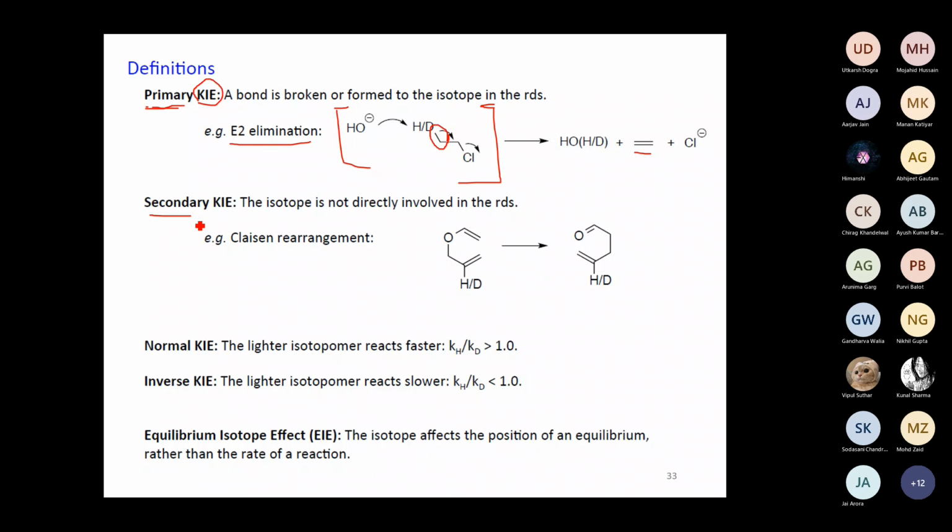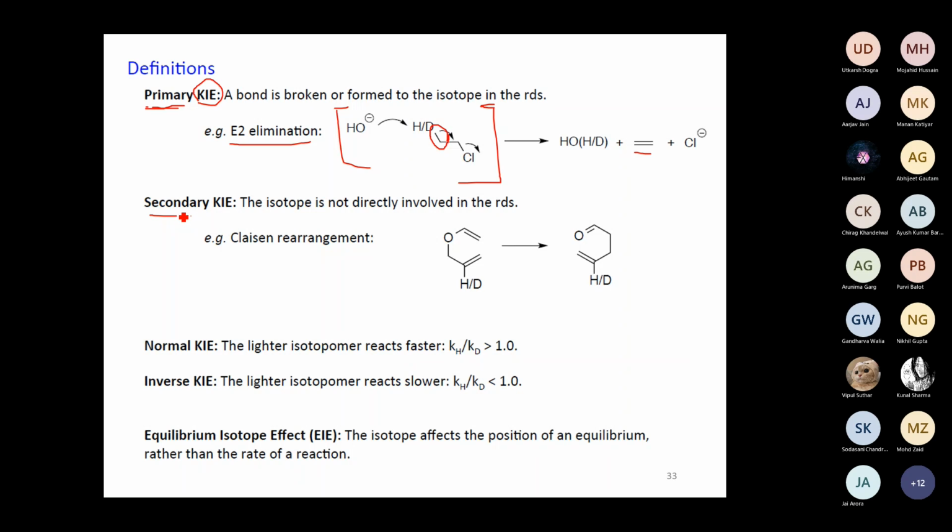So primary, you can understand, is very important, right? If the CH or CD bond is broken in the rate determining step, the value of the kinetic isotope effect will be larger. I will tell you what the value will be. Next is the secondary, which means the effect is lower than primary.